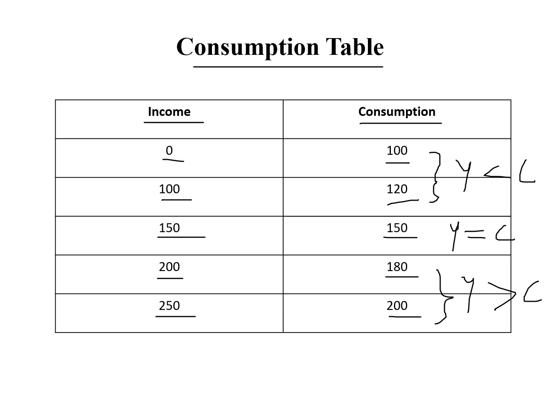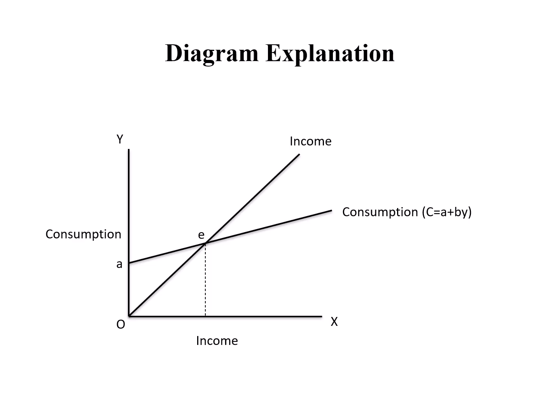We can also understand with the help of the diagram. This diagram presents the consumption function. On the OX horizontal axis is the income level and on the OY vertical axis is the consumption level.